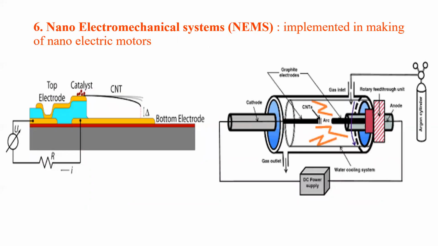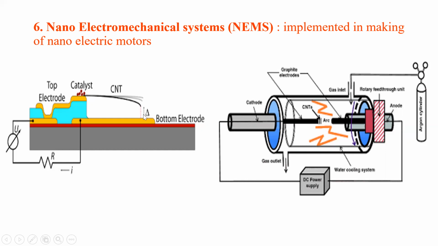And then we have nano electromechanical systems. So CNTs are used in making nano electric motors. Here you can see one nano electric motor having graphite electrodes and so forth. Here CNTs are used, and here also CNTs are used.